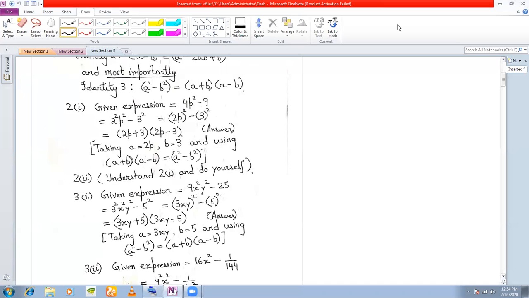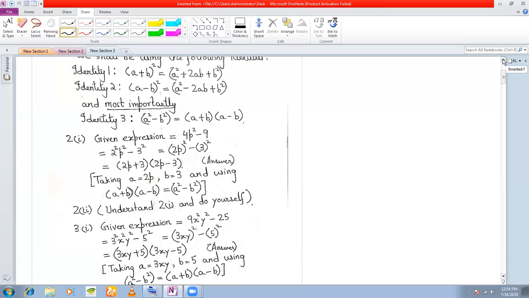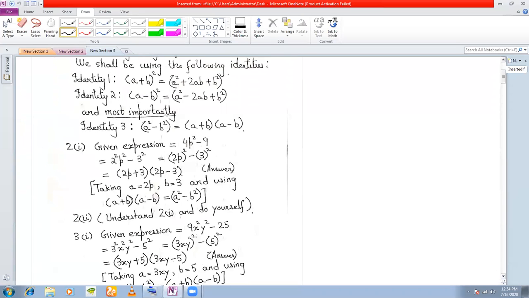Not there. Okay, so let us proceed now. So now we'll be using, in addition to these two identities, the identities we have already done for factorization, how to factorize expressions using these two identities. There's an additional identity that we will now use, which is the difference of squares.